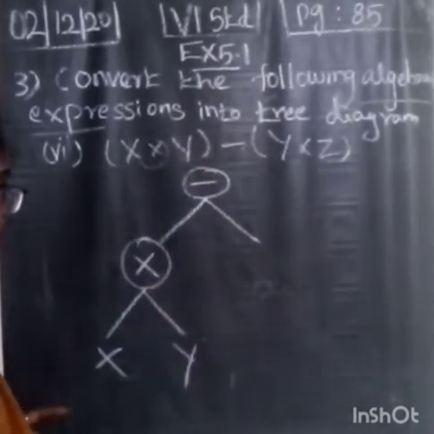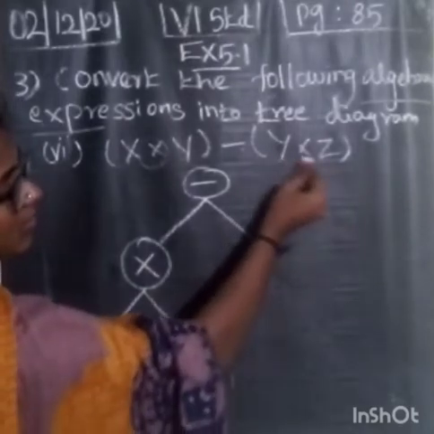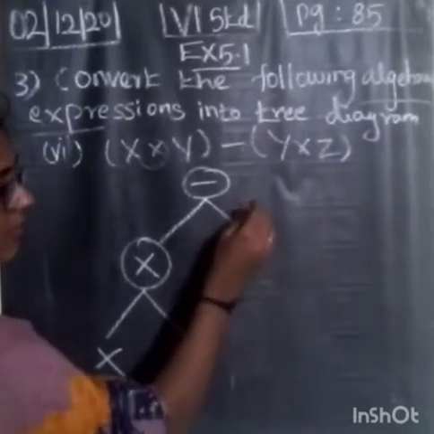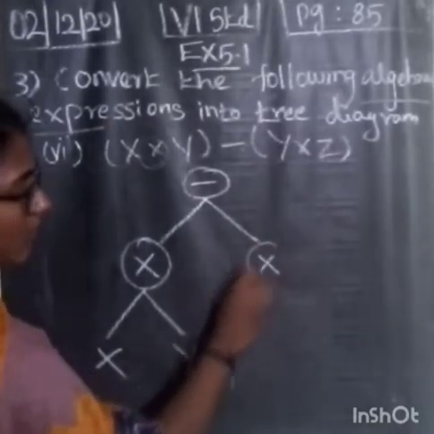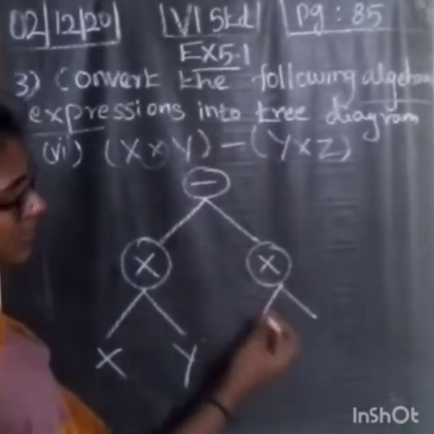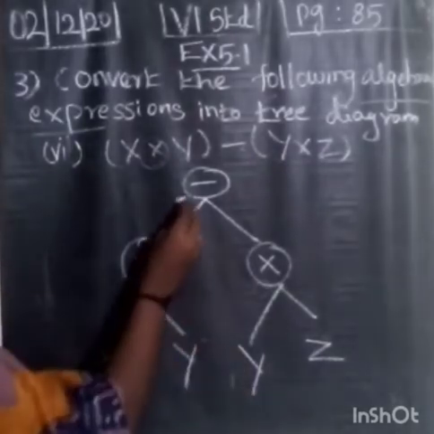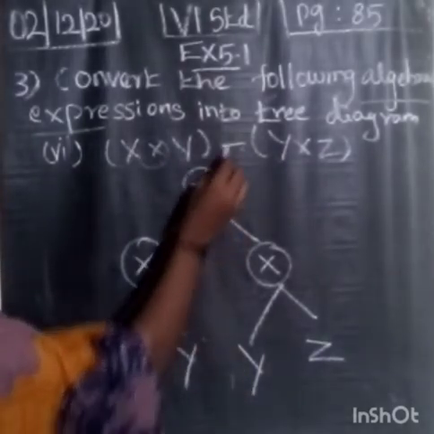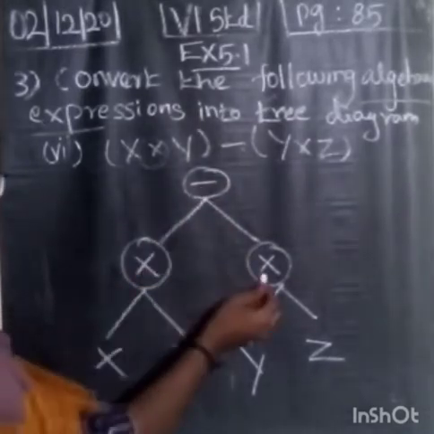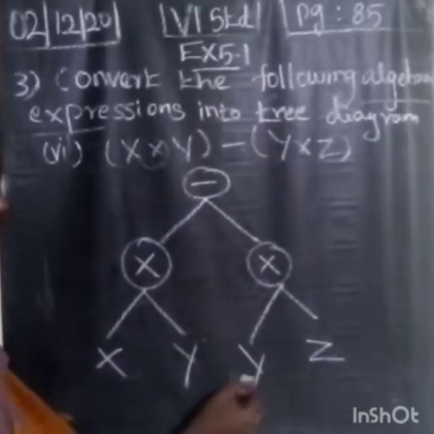Then the second expression is y multiplied by z, also multiplication, with the branches y and z. So the root of the tree is subtraction, the branches are multiplication, and the leaves are x, y, y, z.